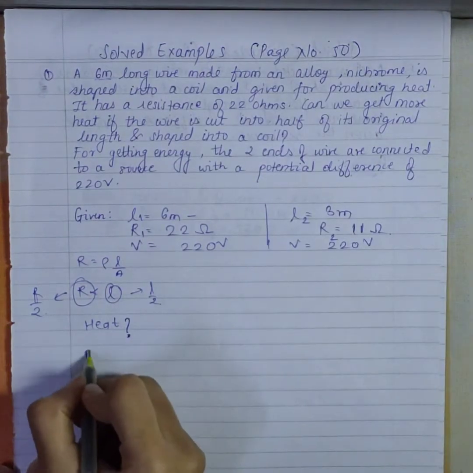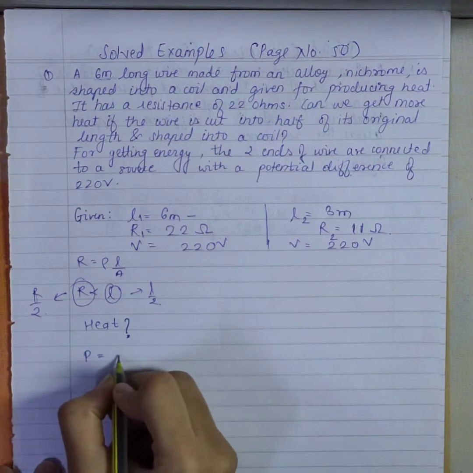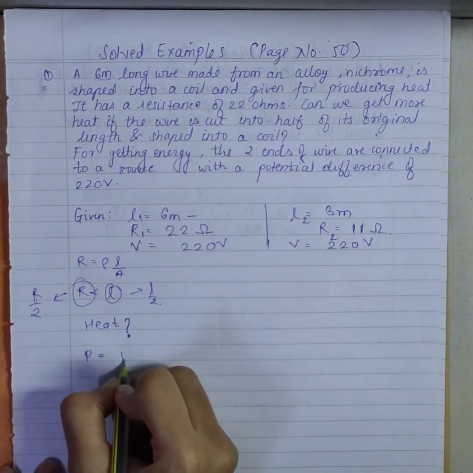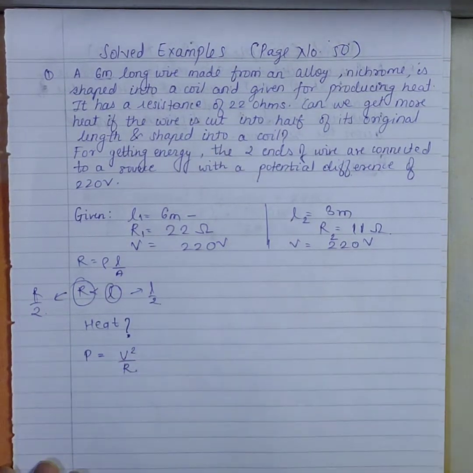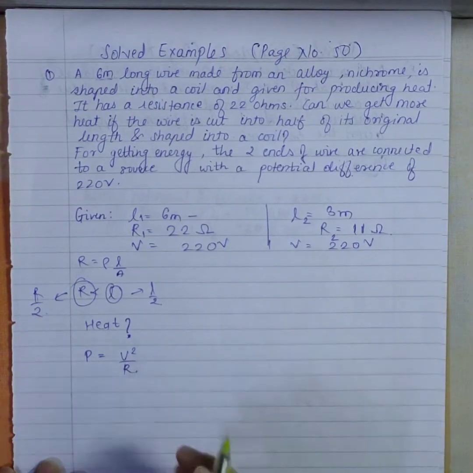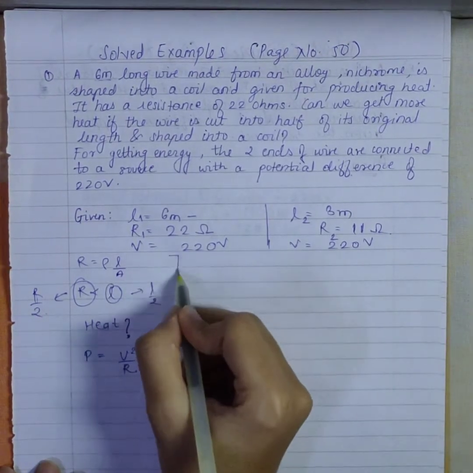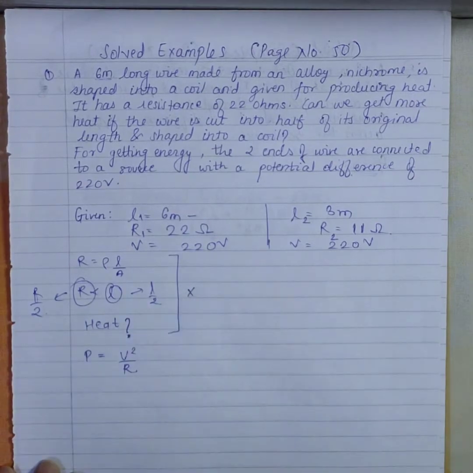So I'm going to use P is equal to V square by R. So this is my formula to be used. Now this part actually we don't have to write. I have just written it so that you can understand the relation between resistance and length.